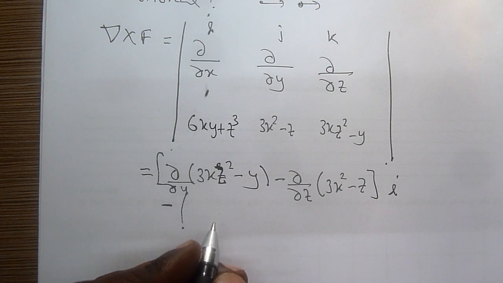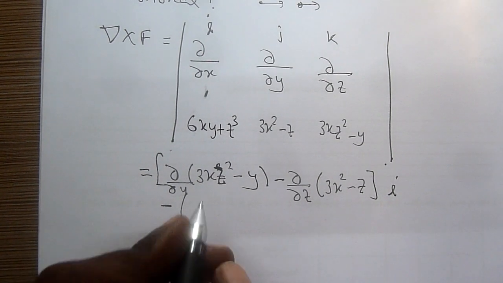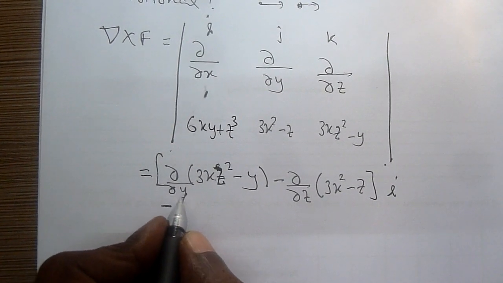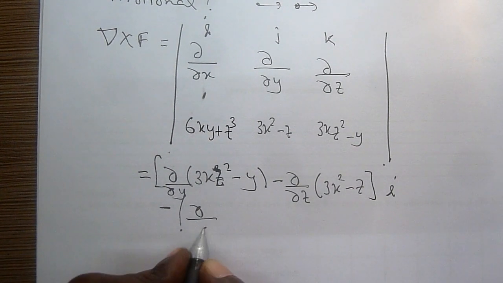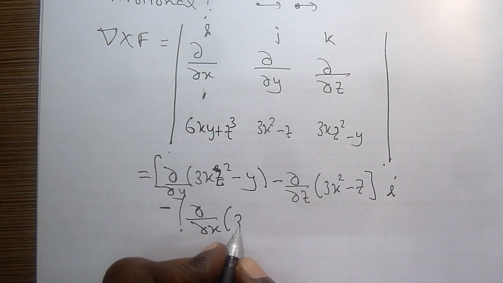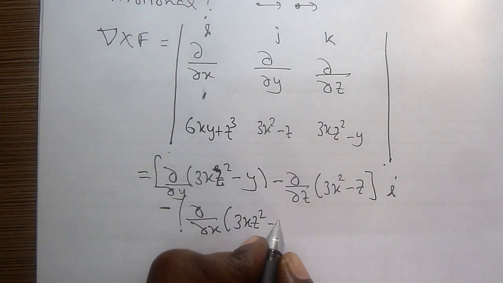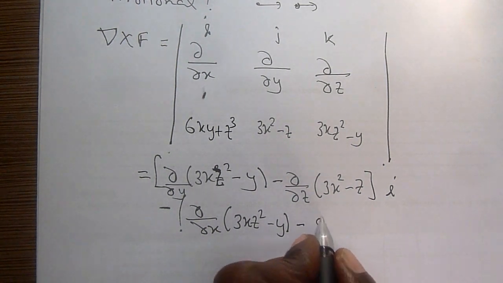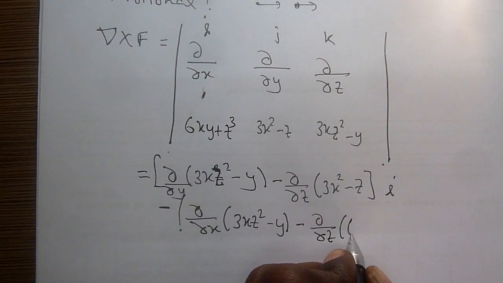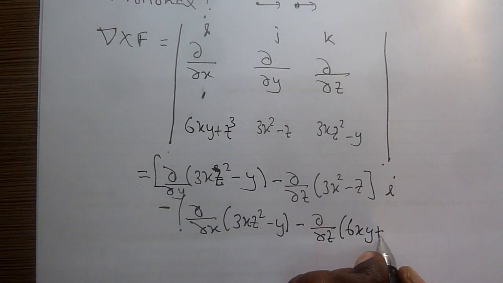Then we can handle this problem next with del x of 3xzy, minus z of 6xyz.